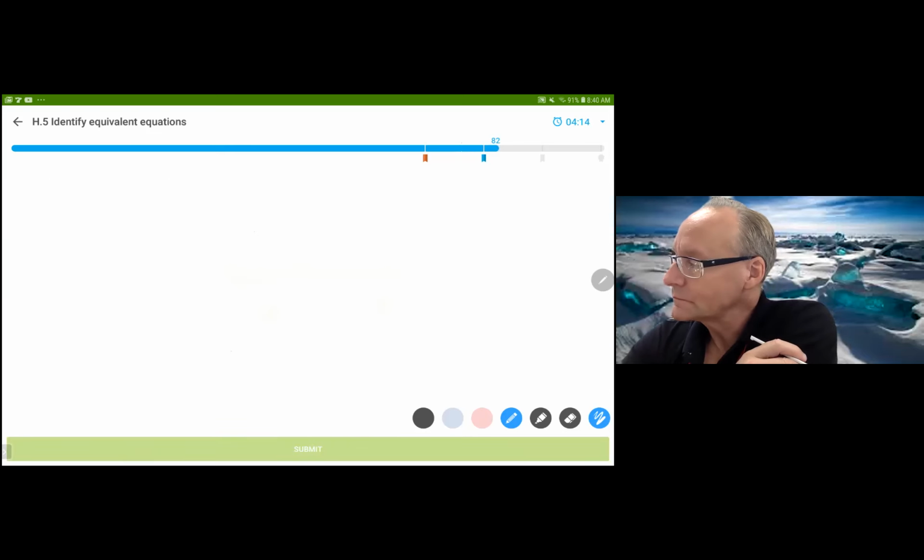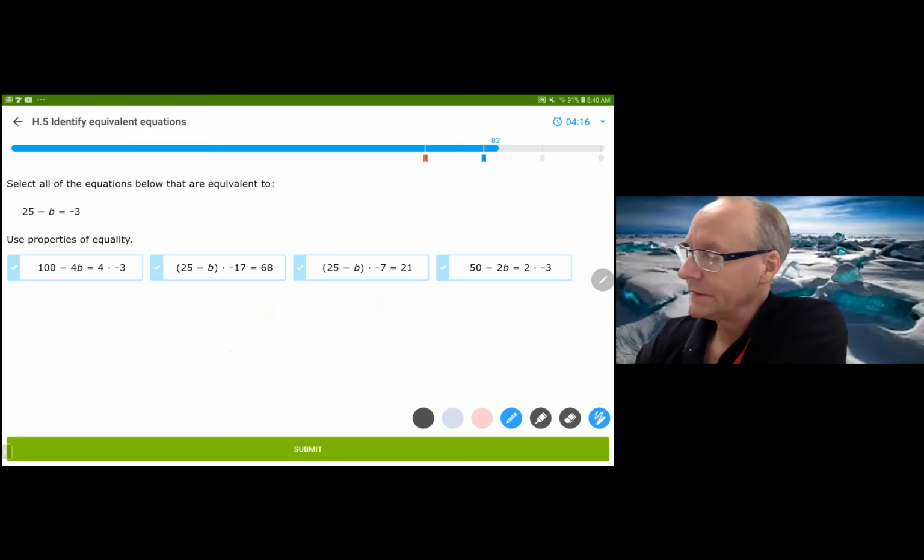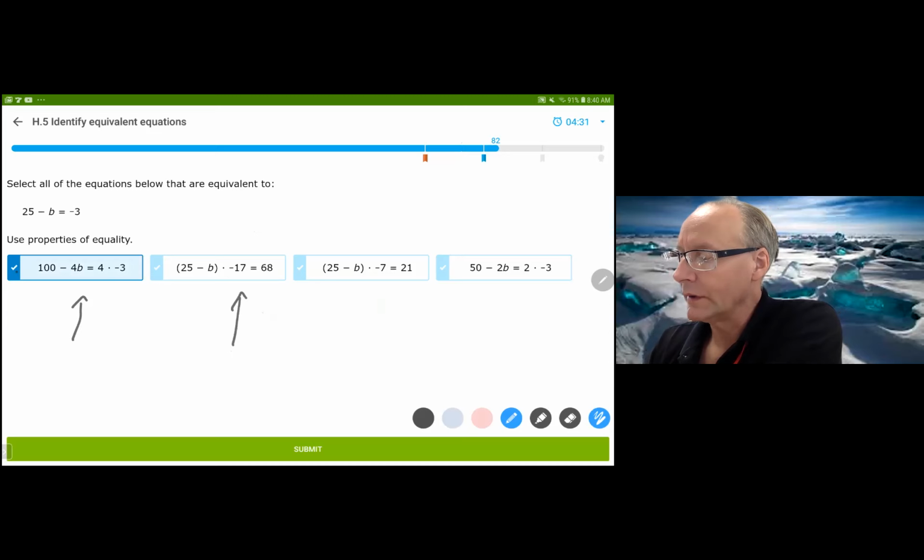In this first one, we multiplied by 4 and distributed it on the left. And we multiplied by 4 on the right, which is correct. In this one, we multiplied by negative 17 on the left.